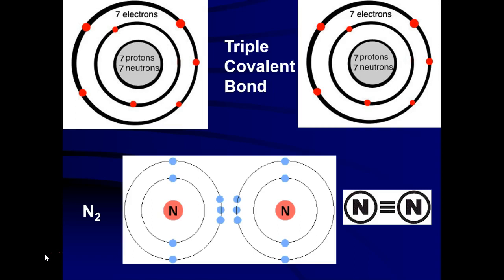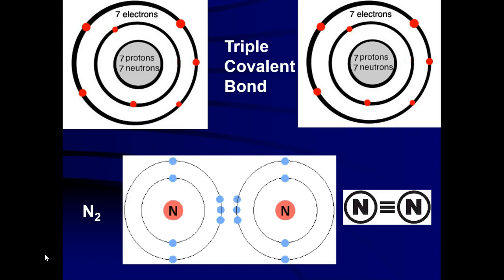So, in this case, when it bonds to another nitrogen and they share 3 pairs of electrons, we call that a triple, 3 pairs, covalent bond. A triple covalent bond.